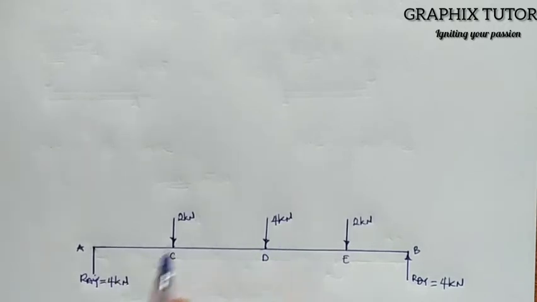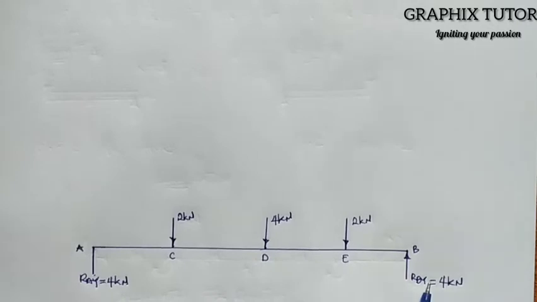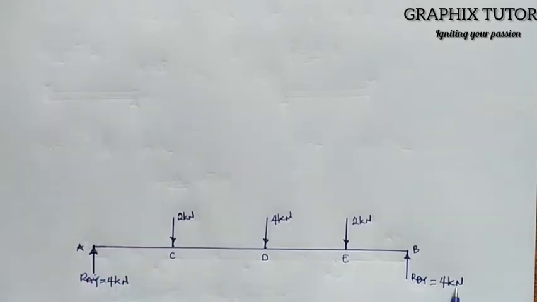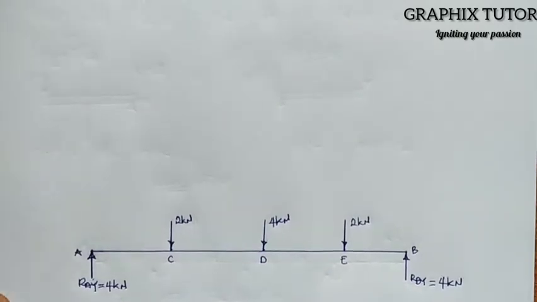Now, the next thing we want to do is calculate for what? Our shear force, because we have successfully calculated for our reaction. Now, all the upward force here is 8. 4 plus 4 is 8. All the downward force is also 8. So the system here is in equilibrium.